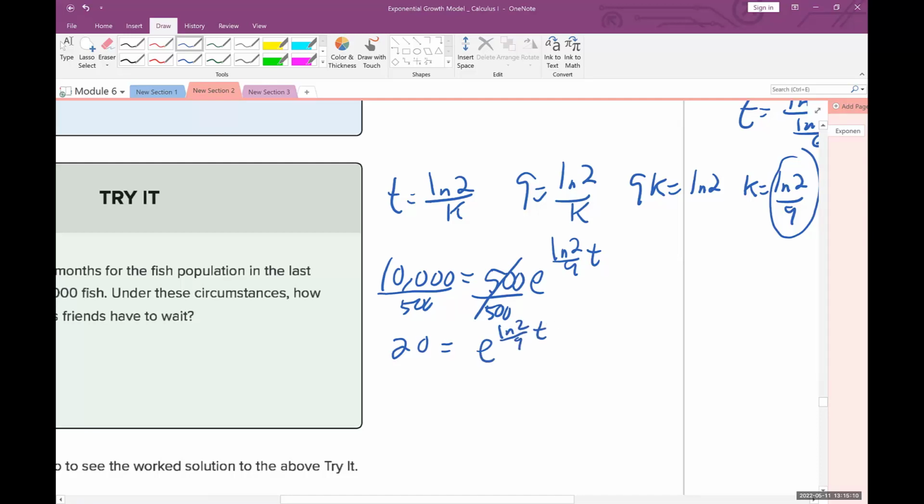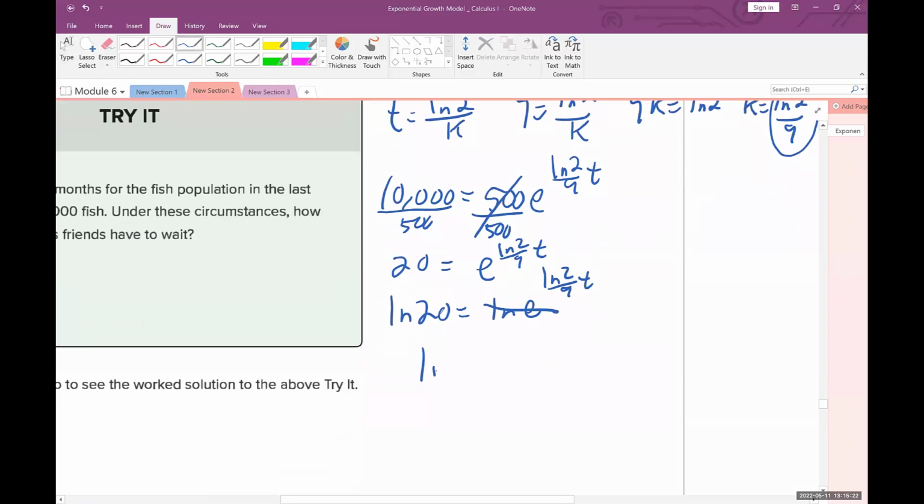Now what are we going to do? Take the natural log of 20. It's the natural log of e to the natural log of 2 over 9 times t. So the natural log of 20 equals the natural log of 2 over 9 times t.